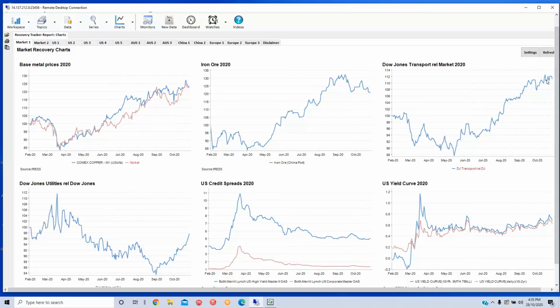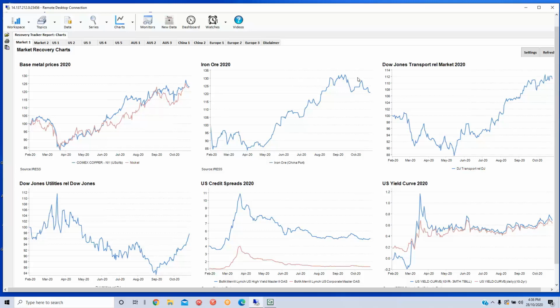Likewise, Dow Jones Transport relative to market has gone sideways, and utilities have outperformed the overall market. Now, whether that's because of prospects of a Biden victory coming up very soon, nevertheless what we're seeing here is a much more mixed bag in terms of market pricing or market indicators.